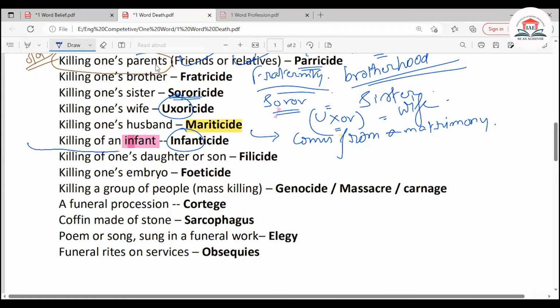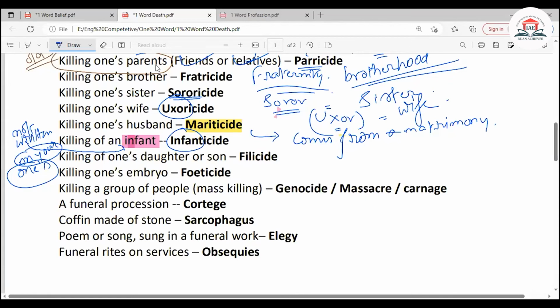See, it is not written once, killing of infants, that is infanticide, that is not written once. Now here in this explanation, a particular word once is missing.